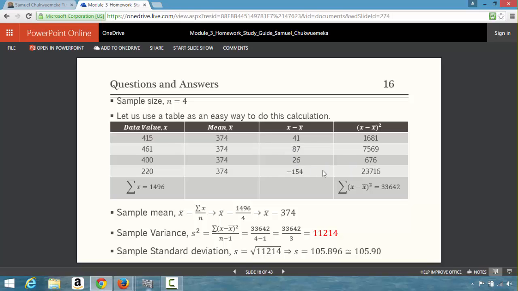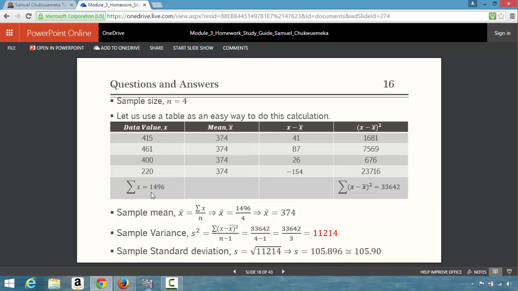If you square it, 41 times 41 gives you this. 87 times 87 gives you this. 26 times 26 gives you this. Okay? You square it, and then when you finish, you add it up. So go ahead and do it, and you'll see what I'm talking about. You will get this over n minus 1. Of course, the sample size is 4.